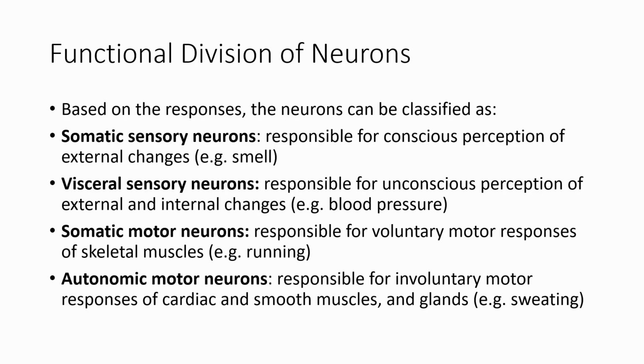It's just going to happen. So your heart increasing its rate, or like sweating. So if you're nervous, let's say I see the football flying towards me, I duck down, but I got really nervous that it was going to hurt me. I might notice that I was a little sweaty. Maybe my palms sweat a little bit. That would be the autonomic motor neurons communicating to my sweat glands to cause them to sweat.